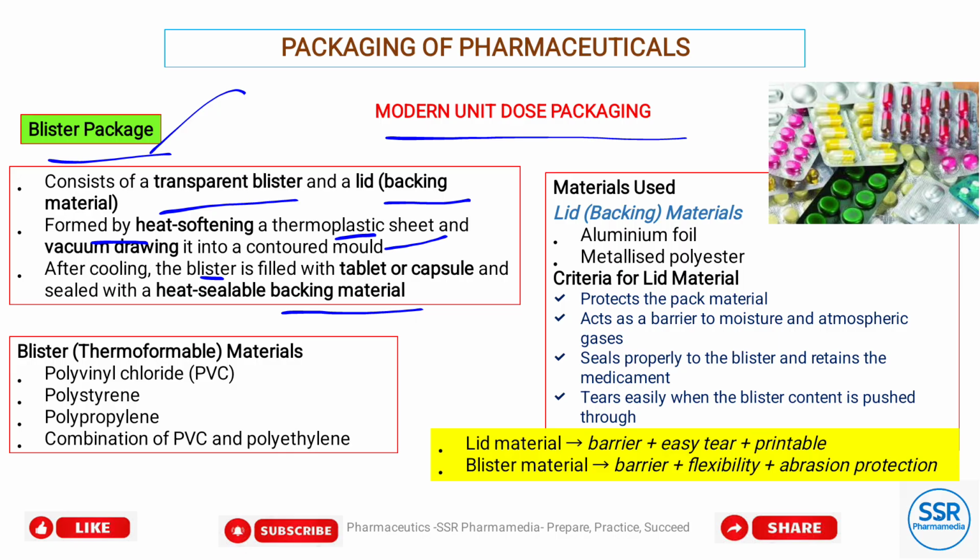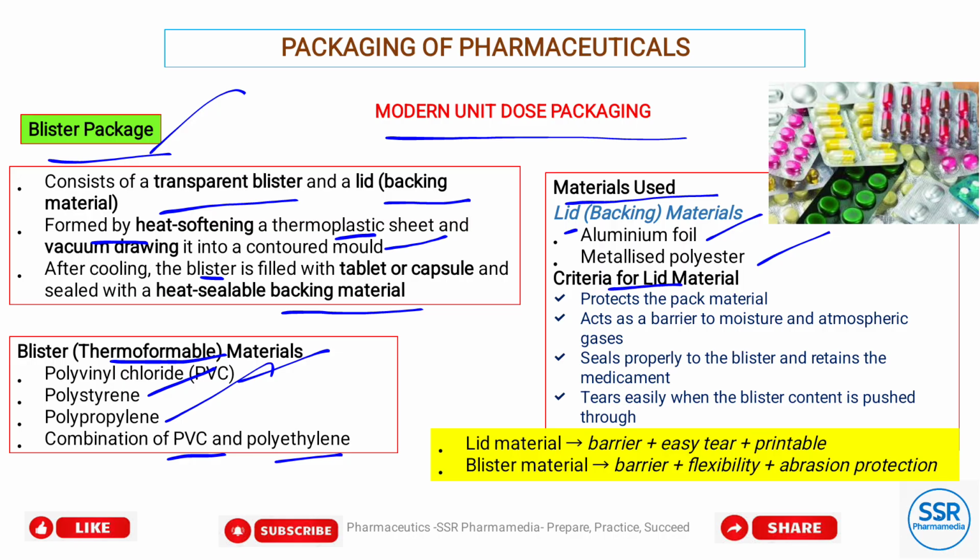Blister is also called thermoformable material. It is made up of polyvinyl chloride, polystyrene, polypropylene, and a combination of polyvinyl chloride and polyethylene. And materials used for the preparation of the lid: lid backing is also a backing material. Aluminum foil and metallized polyesters are used.